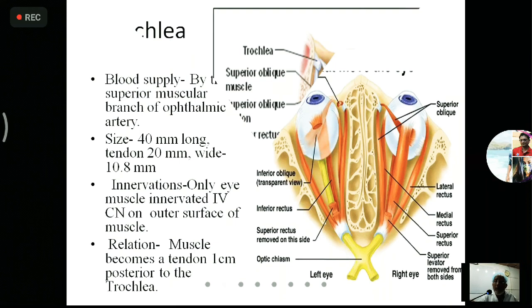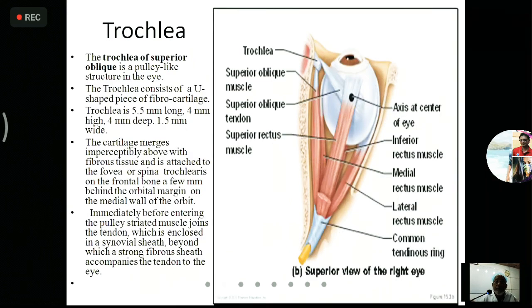Okay, now the trochlea, a little bit of short note for the exam. The trochlea of the superior oblique is a pulley-like structure in the eye. The trochlea consists of a U-shaped piece of fibrocartilaginous part, not fibrous part. It is both fibrous and cartilaginous.